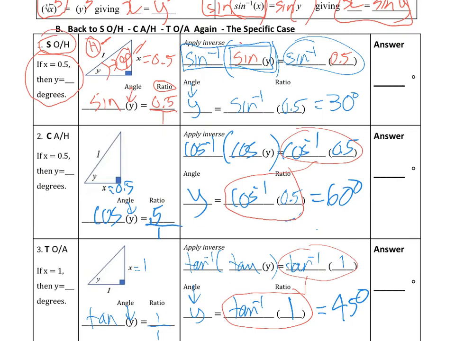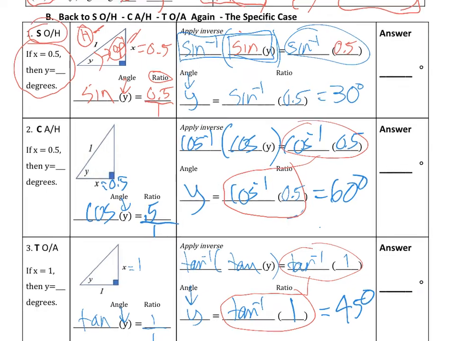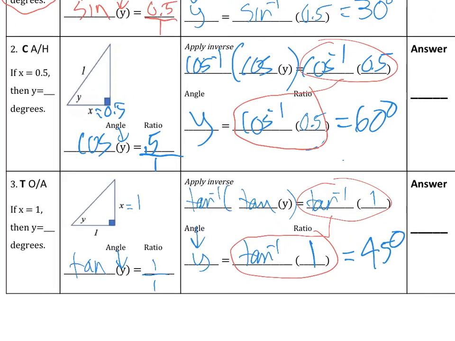So folks, hopefully you went through that, and now take a look at the answers here. You should have gotten 60 degrees for number 2 and 45 degrees for number 3. And again, the thing I want you to emphasize here is that tan inverse of tan y is just y. Tan inverse is the opposite, or inverse, of tan.